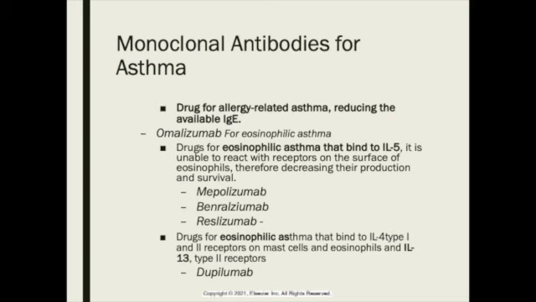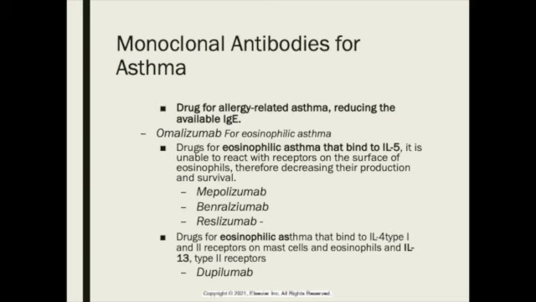The other drugs that you see listed here, mepolizumab, benralizumab, and reslizumab, are approved for eosinophilic type asthmas. And the way they work is that they're actually going to bind to interleukin 5, which is responsible for functioning of eosinophils and the survival of eosinophils.